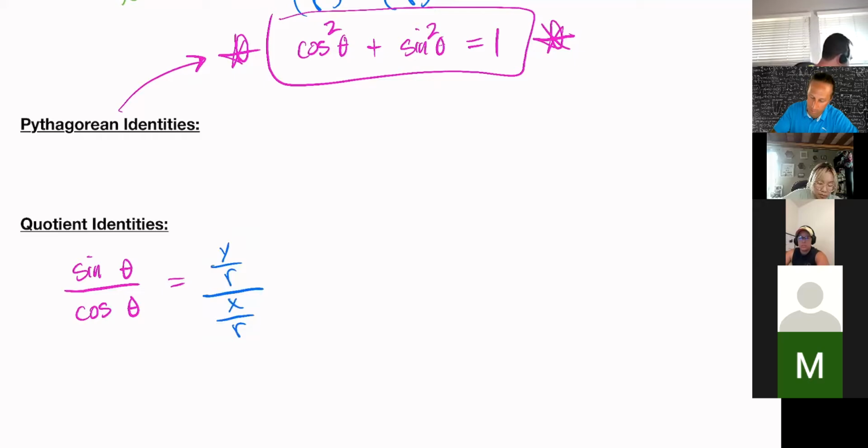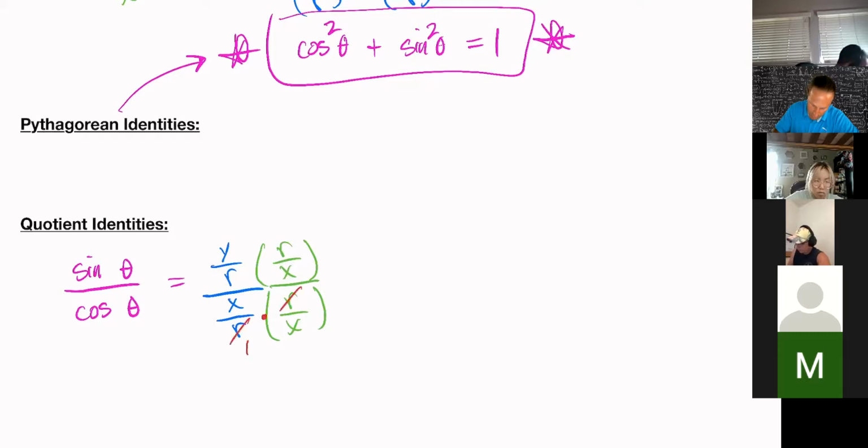So instead, we're going to do our fancy one yet again, and we're going to multiply top and bottom by the reciprocal of the denominator. Because what happens when I do that? Since I'm multiplying, the r's cancel and the x's cancel to be 1s.